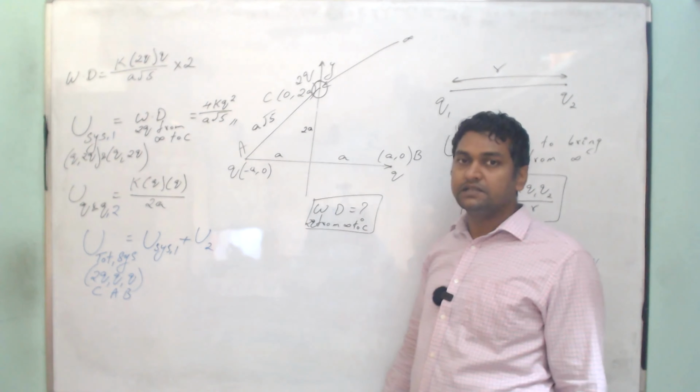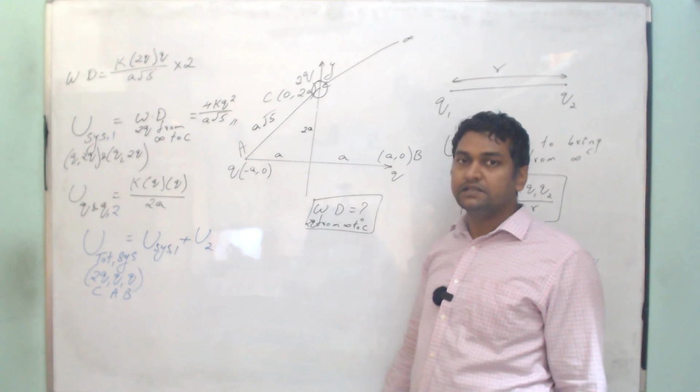And then all three together, the total system of 2q, q and q charge will have a potential energy that is the summation of this and this. So if I add U system 1 and U system 2, I will get the total energy of the system.